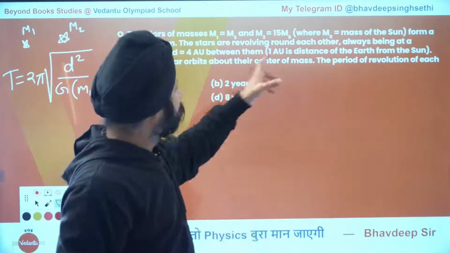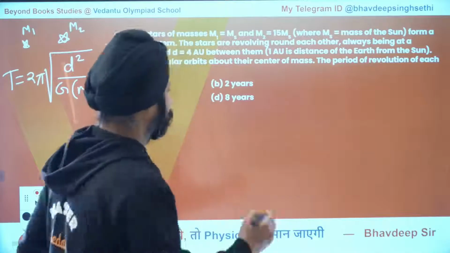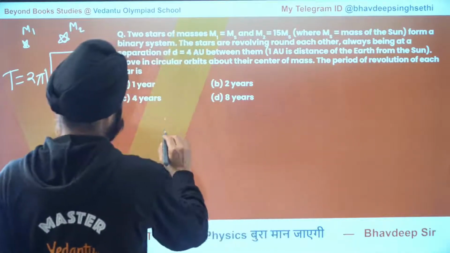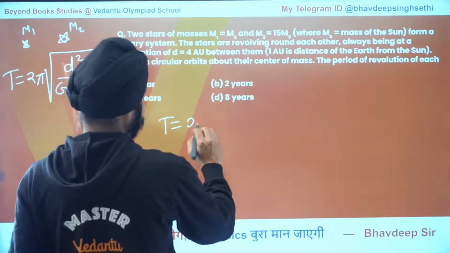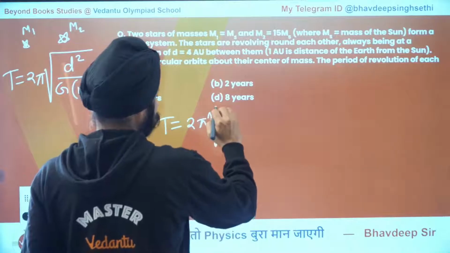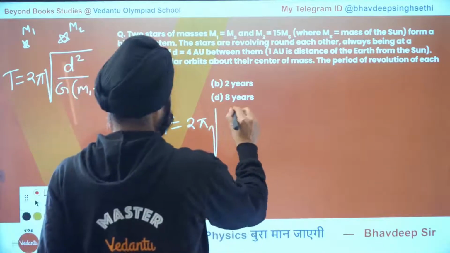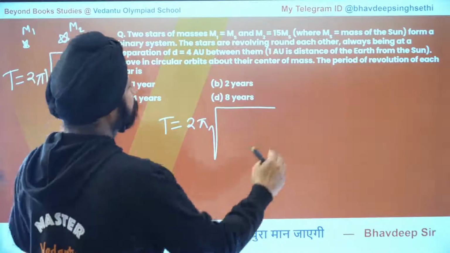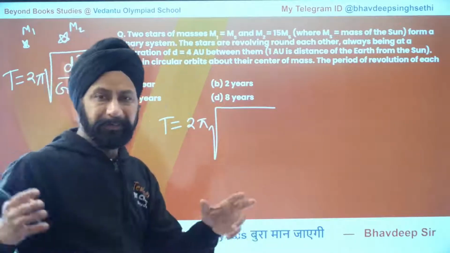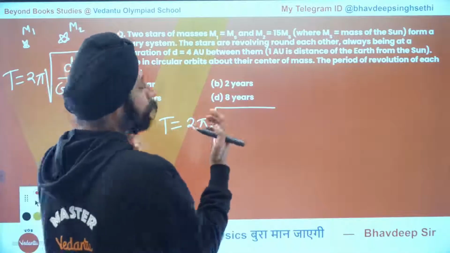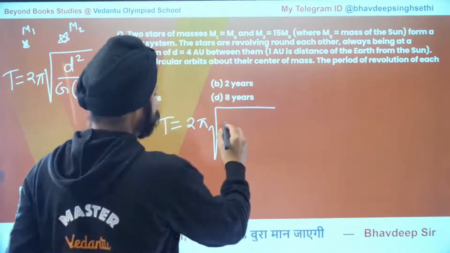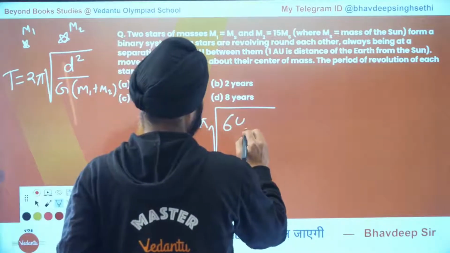So for the given situation, how much will be the time period? So the time period that we are interested in is 2 pi square root of, so the distance between them is 4 AU cubed. So that gives you 64 AU cubed.